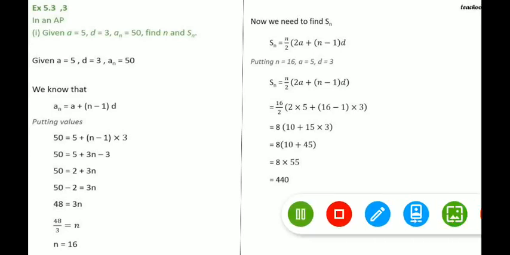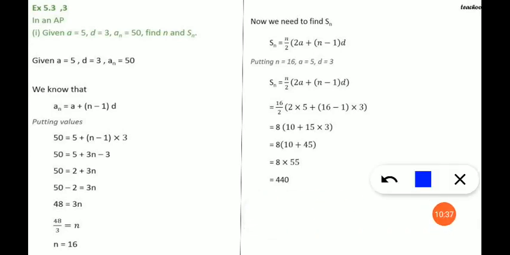Now question number 3. It says, in a given AP, a is equal to 5, d is equal to 3, an is equal to 50. Find n and Sn. Here the AP is not given to us, just a few details of the AP are given, like first term, common difference, and last term. We have to find n and Sn.